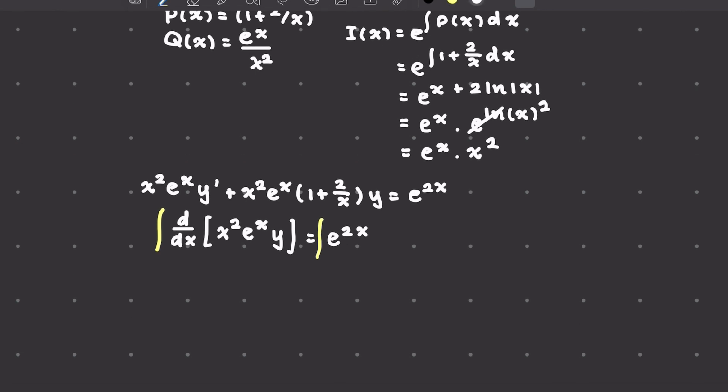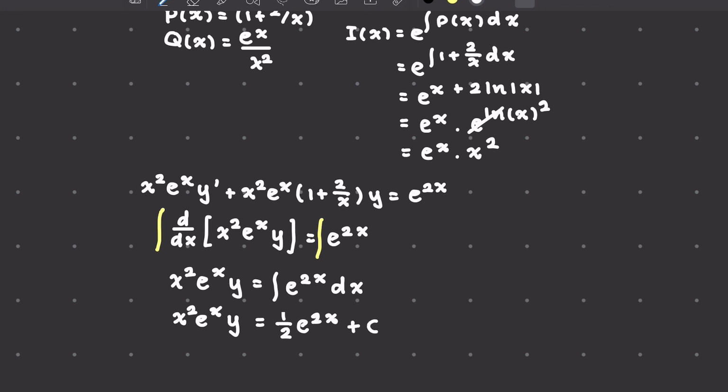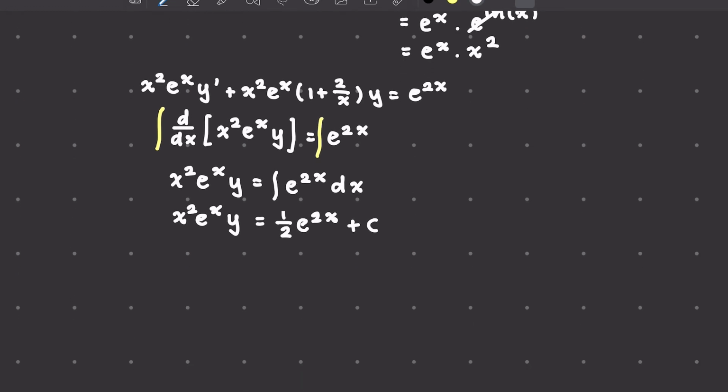to get rid of the derivative on the left side, which gives us x squared times e to the x times y equals the integration of e to the 2x dx. And so on the right hand side, after integrating it, we will get 1 over 2 e to the 2x plus c, and then we are going to multiply everything by 1 over x squared e to the x here, and the left hand side just leaves us the y.